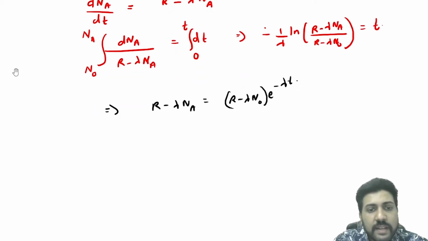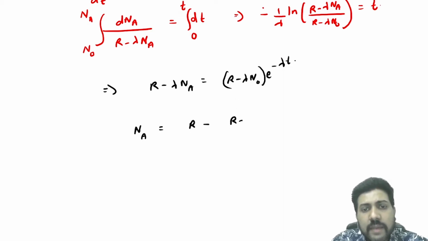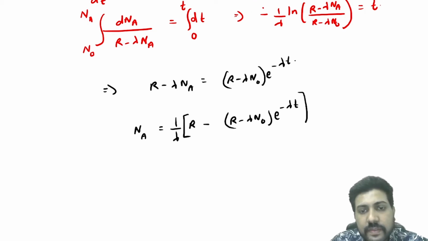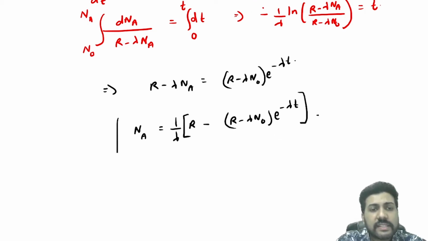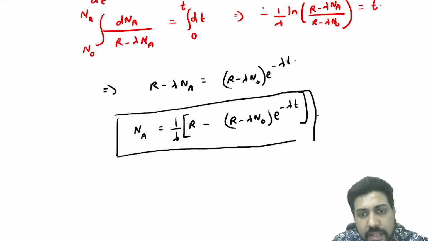So from this we are going to get Na is equal to R minus (R minus lambda n naught) e power minus lambda t, whole divided by lambda. Okay, so this is the number of nucleus of A at any time t.